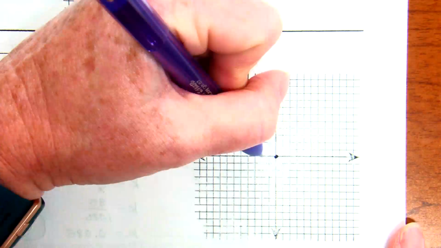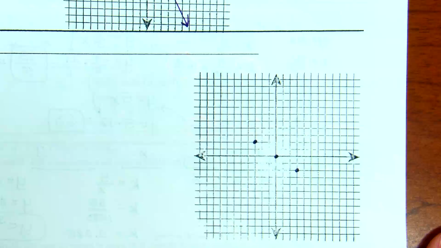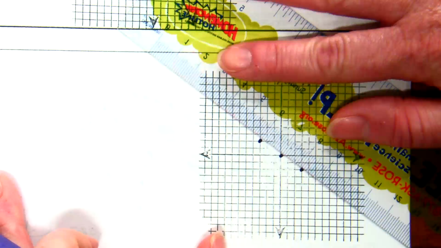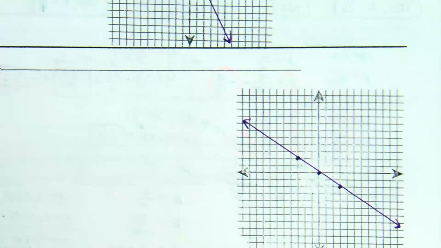Right 3, down 2. I really thought you were going to go with 0, except I already did 0, 0. I jumped ahead on that one. Okay. Still a straight line. And if you get anything other than a straight line, again, I'm going to say you made a mistake. Figure out where your mistake happened.